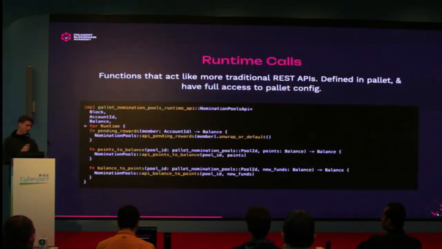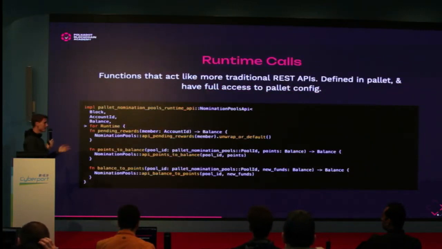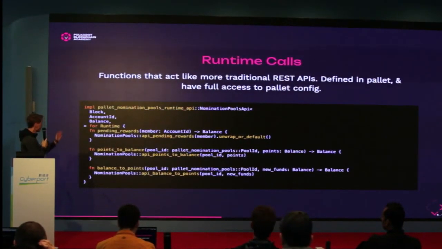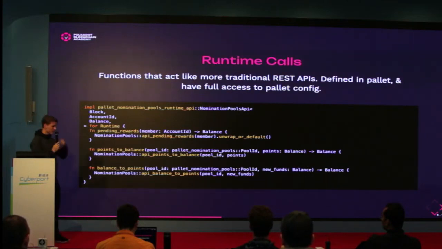Runtime calls are functions that act more like traditional APIs, defined in your pallet, and they have full access to your pallet config. Again, nomination pools use this for fetching pending rewards and also for converting between points and balance. When I bond DOT in a nomination pool, what actually happens is points are minted, and those points represent your balance.